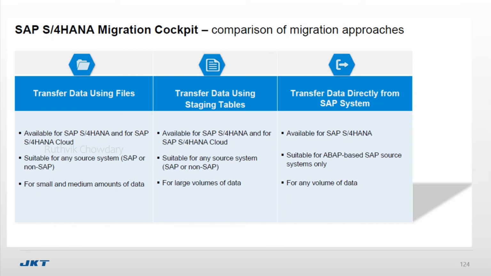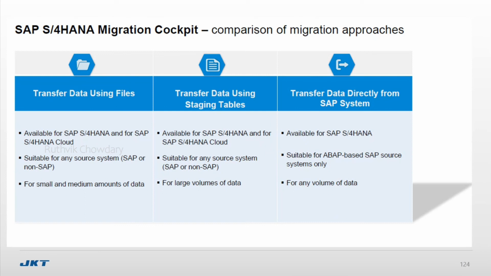But the direct transfer option will support only ABAP-based SAP systems. It will not support non-SAP systems. It will support only SAP systems or any other applications which are working on ABAP. So the Excel file option is used for a small or medium amount of data.